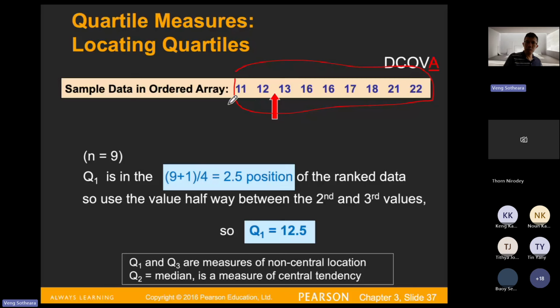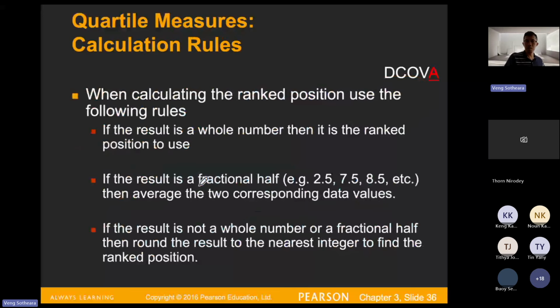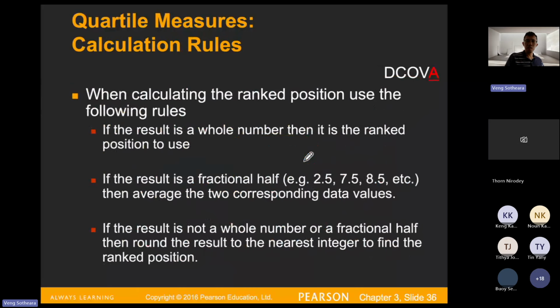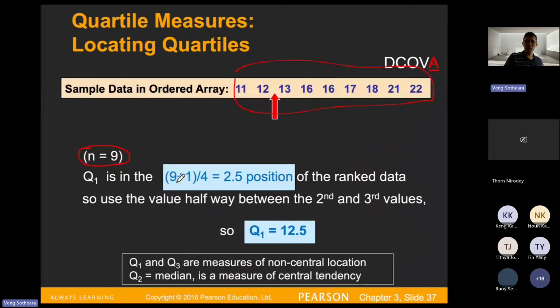Since the sample size is n, the position of Q1 is (n+1) divided by 4. That will be 2.5 position. Okay, so this is the first, second, third.